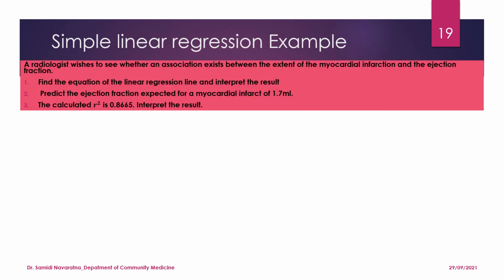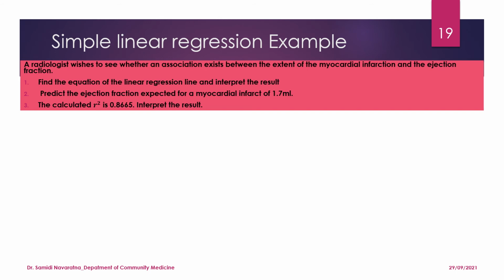Example for the simple linear regression. It's the same example we used to calculate the correlation coefficient. A radiologist wishes to see whether an association exists between the extent of the myocardial infarction and the ejection fraction. Find the equation of the linear regression line and interpret the result.